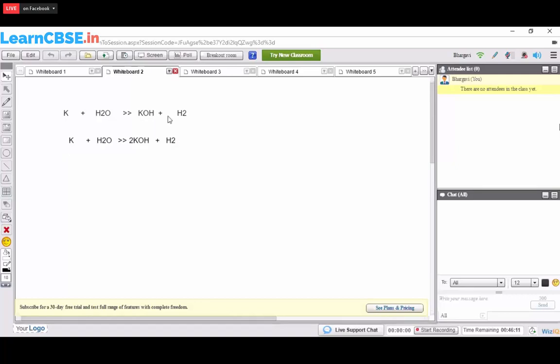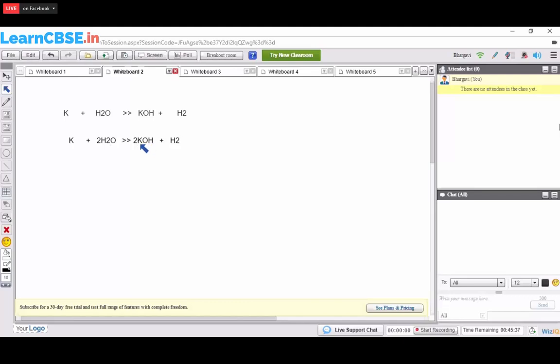Now we have balanced the hydrogen: 2 here and 2, making 4, there. So in front of the water we can place the 2. Now 4 hydrogen atoms here, and there also 2 hydrogen plus 2 hydrogen, 4 hydrogen atoms. So the hydrogen atoms are balanced. Then 2 oxygen atoms here, and 2 oxygen atoms there, so the oxygen atoms are also balanced.